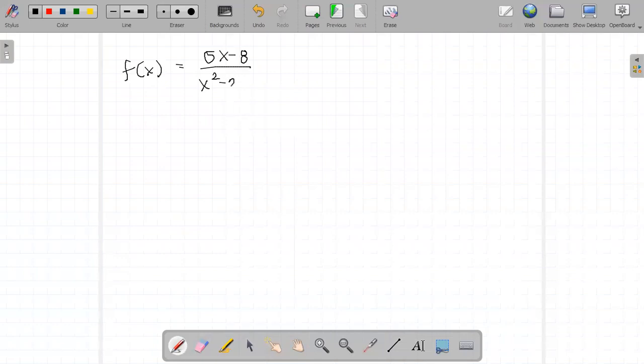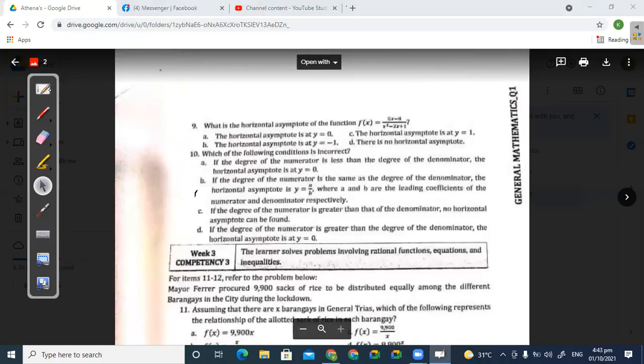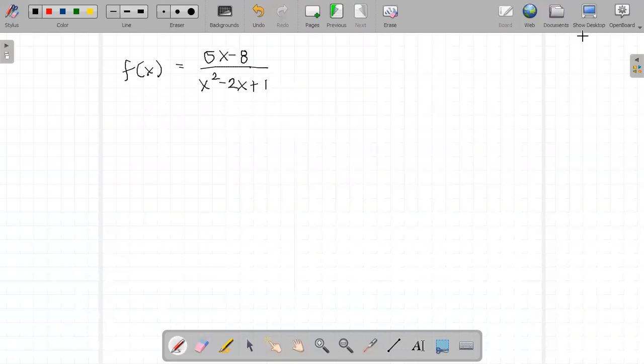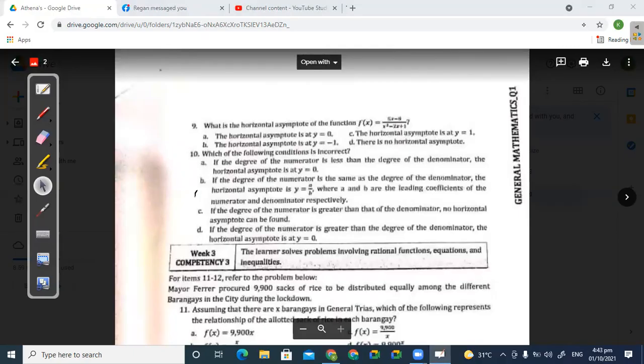Kahit di mo mabasa yan, as long as alam mo tong degree nila, masasagot natin. Okay, so before that, since nabasa na to, unahin muna natin sa time. Kasi, ayan yung conditions. The following condition is incorrect. So, tatlong yan tama. Isa dyan incorrect.